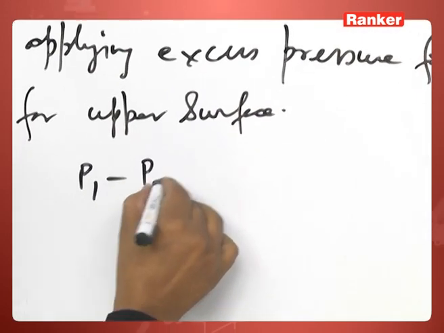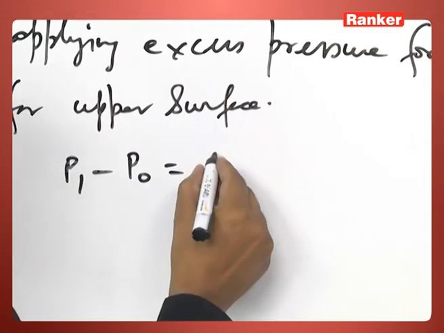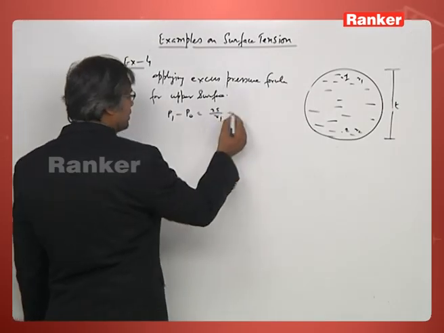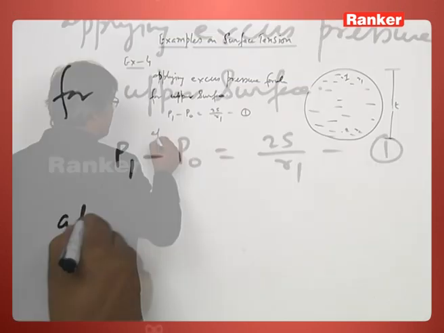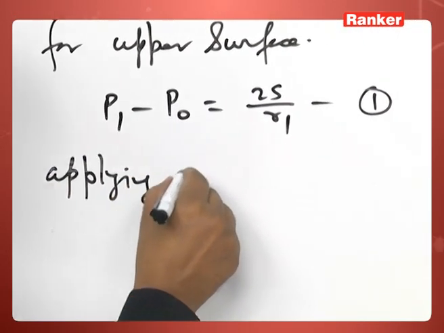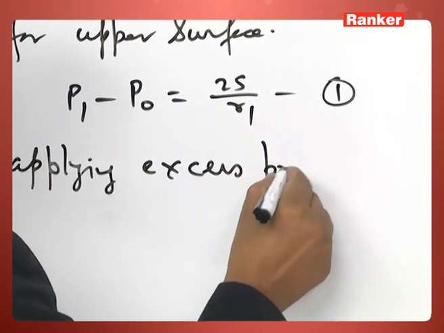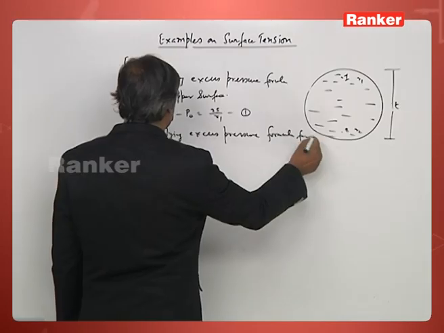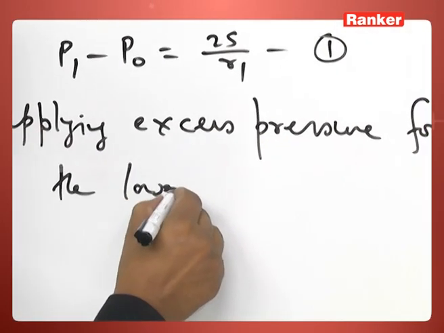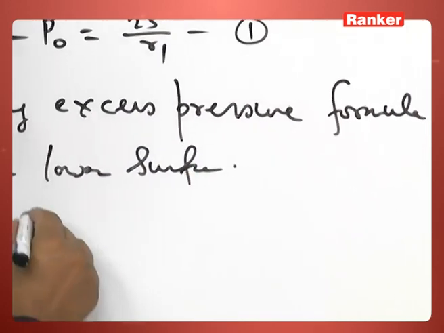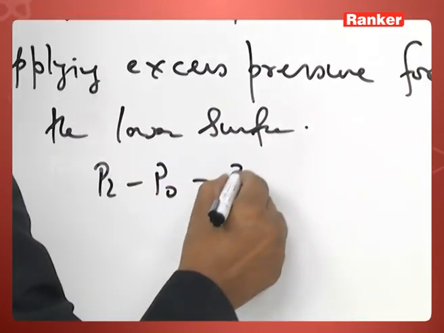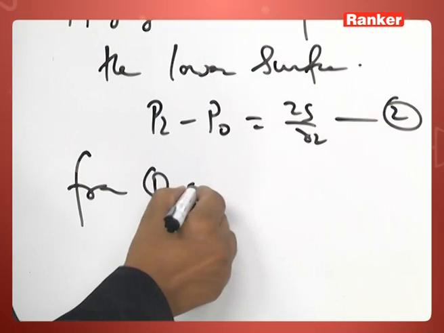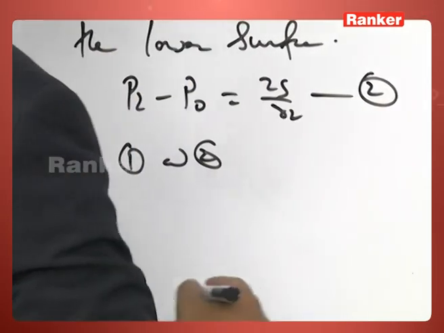P1 is more than the atmospheric pressure P0 by 2S by R1. So this is equation number 1. Again applying the excess pressure formula for the lower surface, P2 minus P0 is equal to 2S by R2. This is 2. So from 1 and 2, if I subtract, you see this.